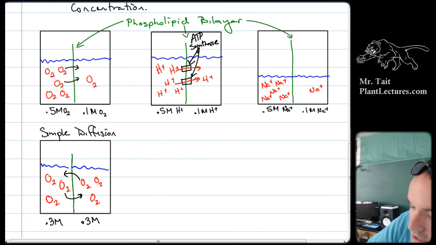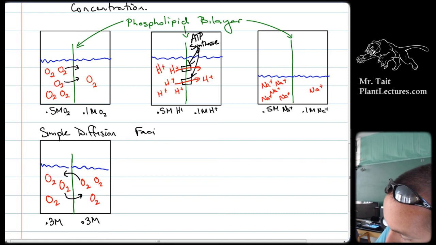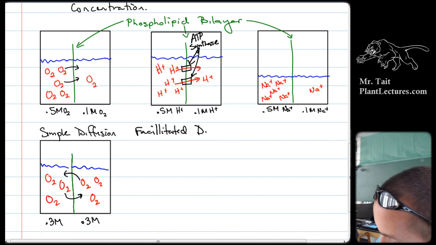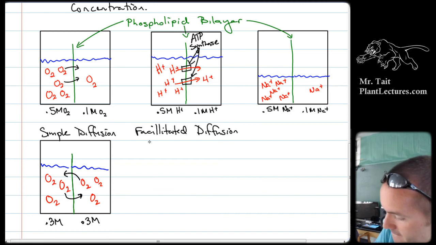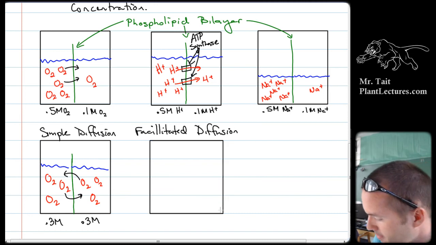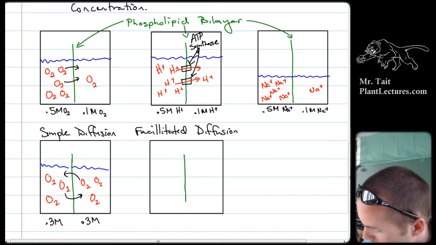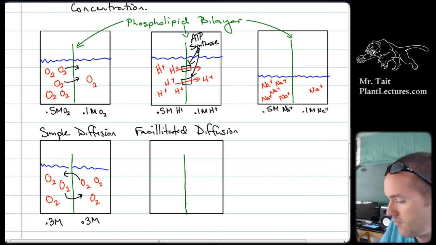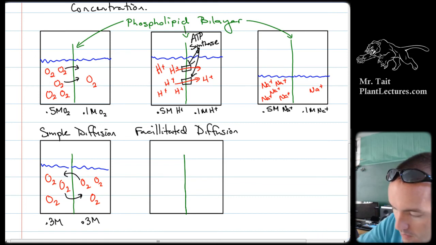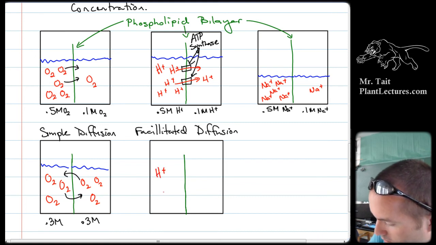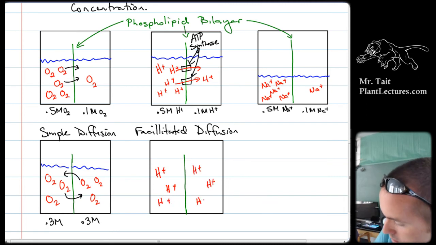Therefore, we would call this facilitated diffusion. And they will equal out so that there are H plus ions there.